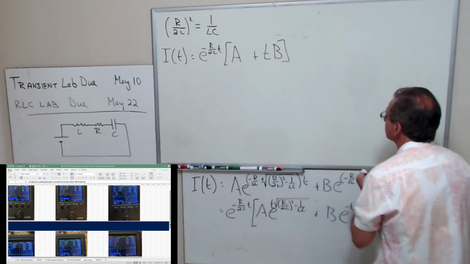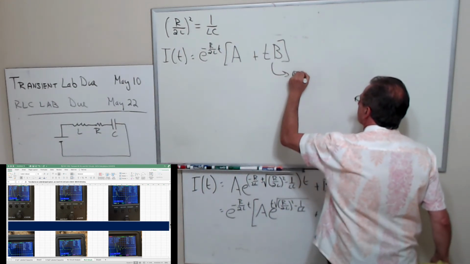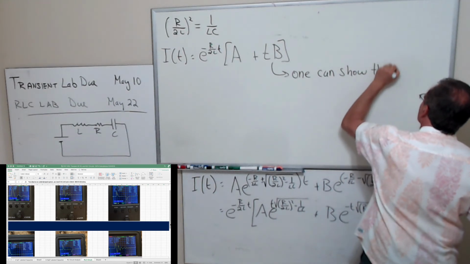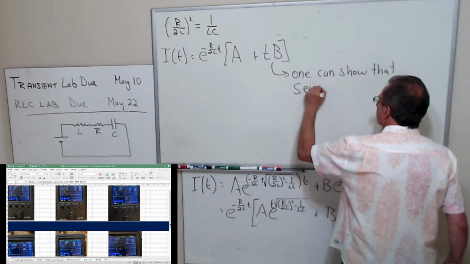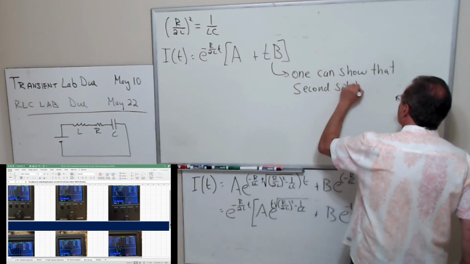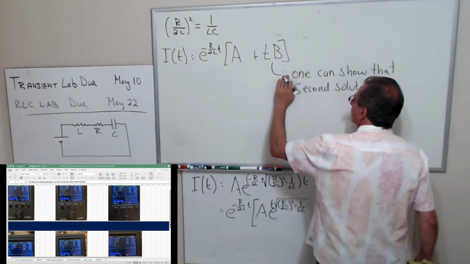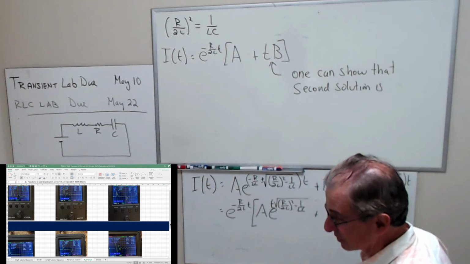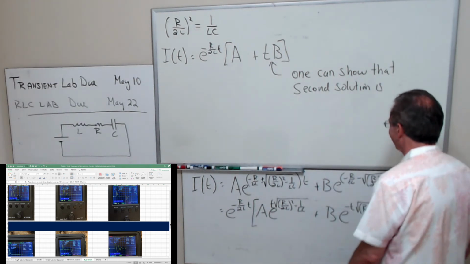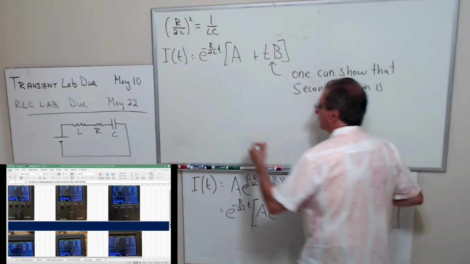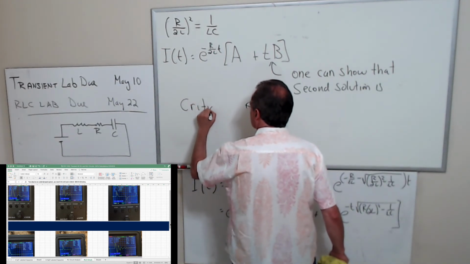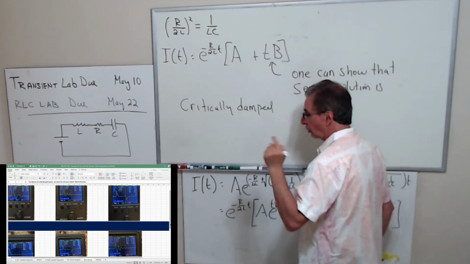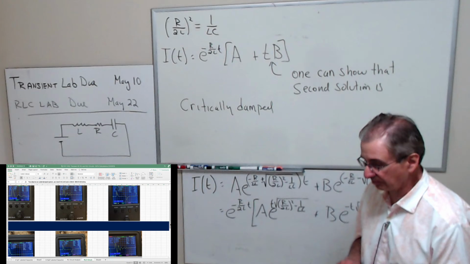So one can show that the second solution, there's a trick you have to do. Now that part's math 33. Okay? So this is called critically damped. So the system goes to zero in the shortest time possible.